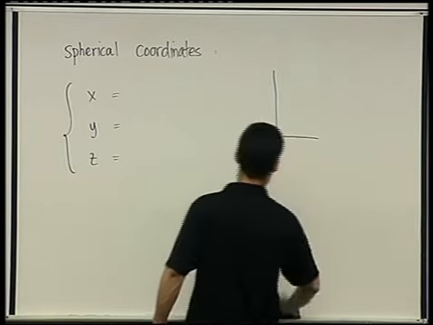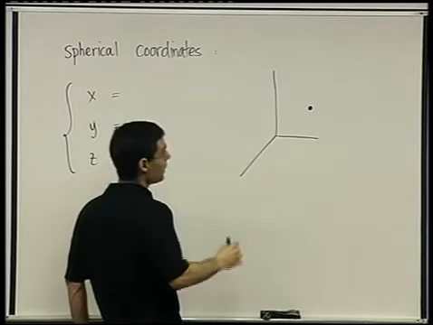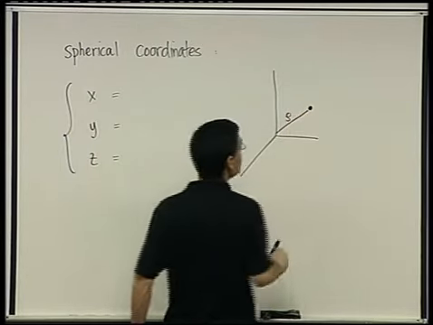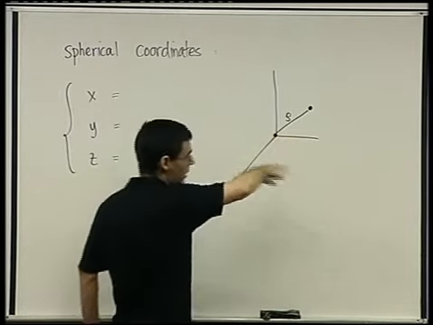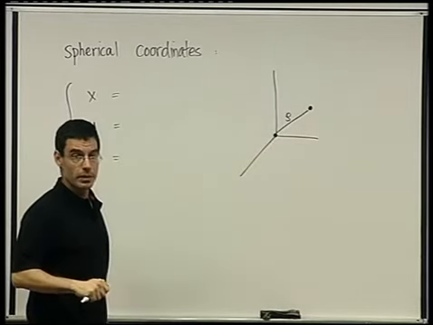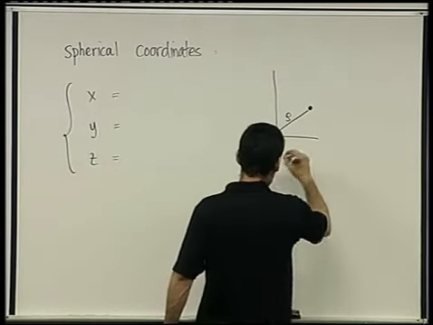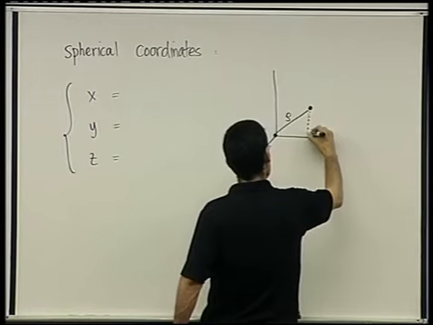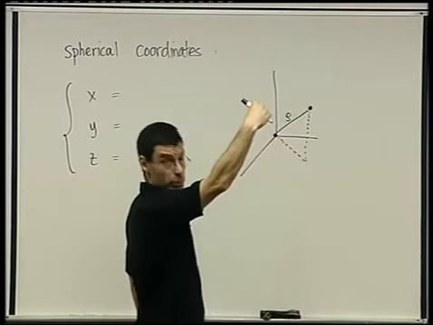Okay, let's draw it first. So every point here, this is a point in space, rho is going to measure the distance to the origin. This is going to be rho. And the distance to the origin, not just on the xy plane, but in general, the distance from the point to the origin. Okay, that's rho. Good. Let's project this point. So this point is up here in the room, right?